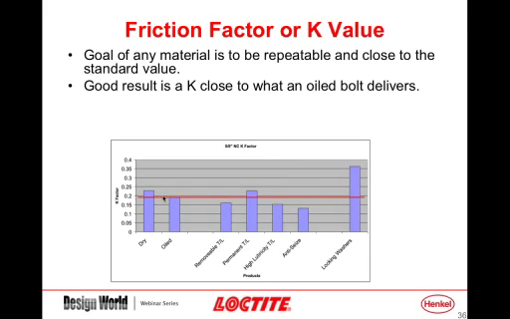And what we were looking for in this test was just how does it compare to the K factor we would have if it was an oiled fastener. So you can see not much of a difference between dry and oiled. These were a variety of different liquid thread lockers that were tested, this one being an anti-seize, and this being the ramp washers that we showed in one of the earlier slides for a mechanical solution.